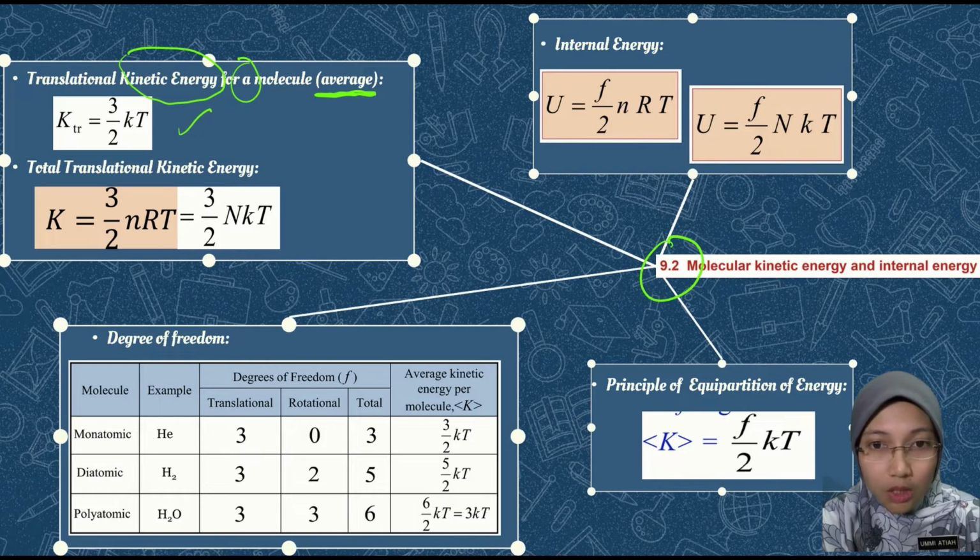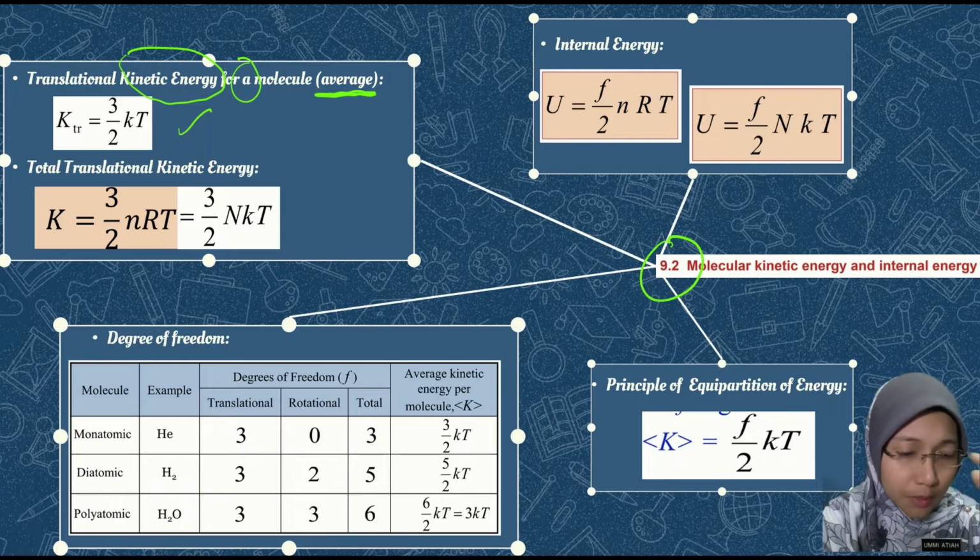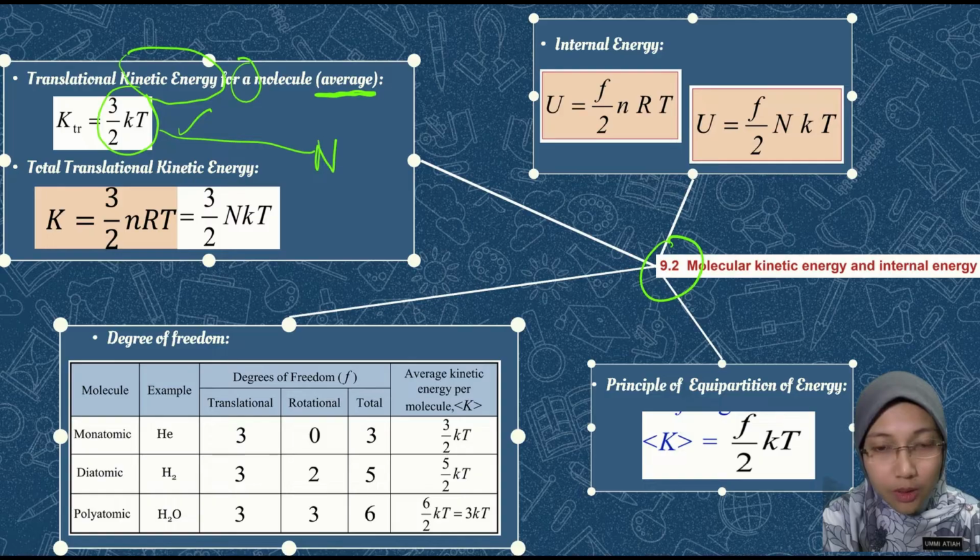If the question asks us to find the total kinetic energy, we multiply this term by the total number of gas molecules. Then you'll have the total translational kinetic energy, 3/2 NkT. And you know that Nk can also be expressed as nR, so it is 3/2 nRT. So you have 2 choices of equation for total translational kinetic energy.